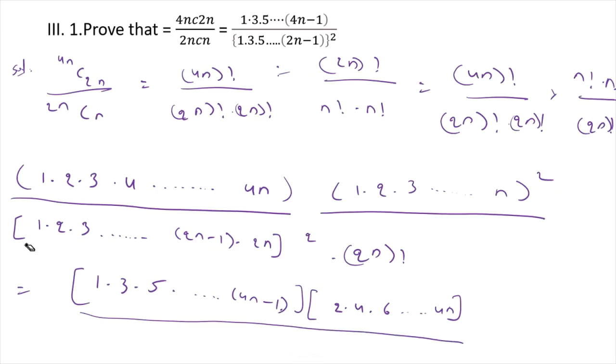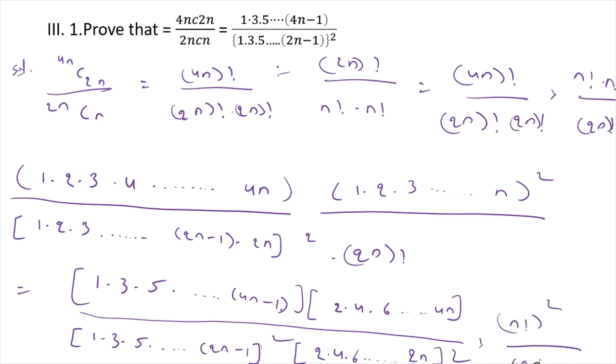Here also I have 1 times 2 times 3 so on up to 2n. So let me write down all odd terms: 1 times 3 times 5 so on up to 2n minus 1, and then 2 times 4 times 6 so on up to 2n, whole square, into n factorial whole square upon 2n factorial.